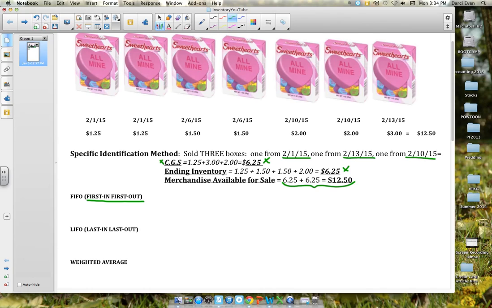With FIFO, we assume that the first ones we bought are also the first ones that we sold. So that means that we sold these 3. So when we add these 3 together, we get $4. So the cost of goods sold is $4.